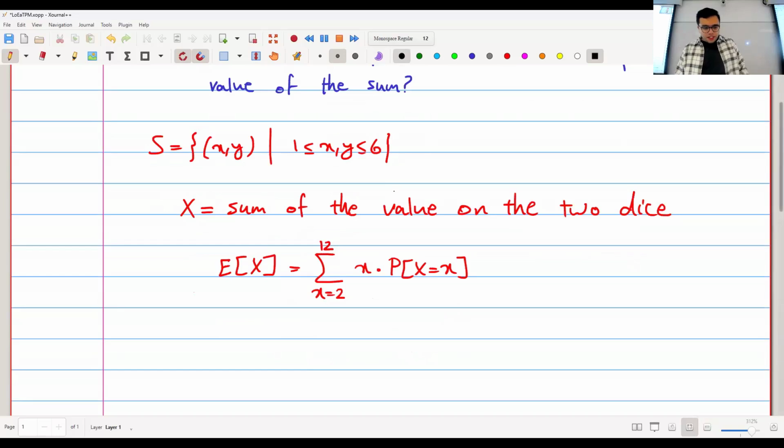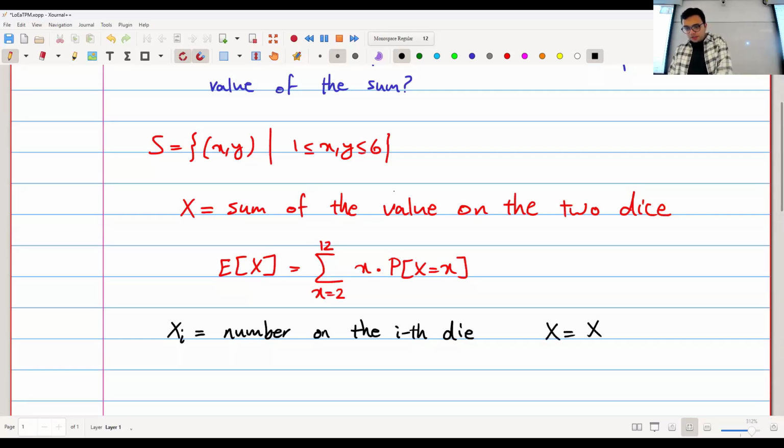So I'm just going to say, suppose x_i is the number on the i-th die. So I'm going to just have x1 and x2. And then my sum is, of course, the sum. So x is equal to x1 plus x2.